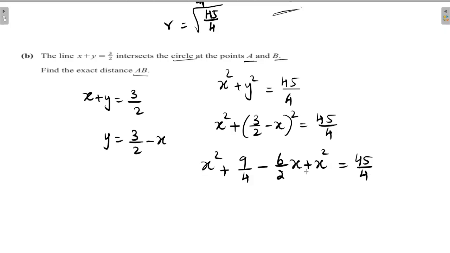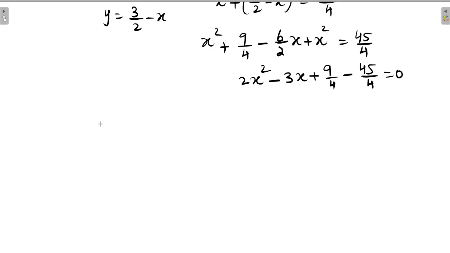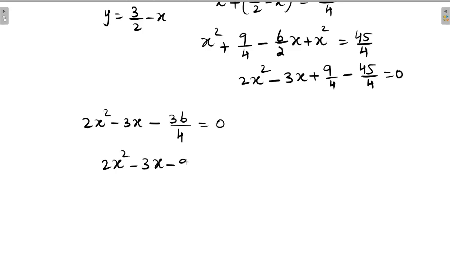So x square plus x square is 2x square. 2x square minus 3x plus 9 by 4 minus 45 by 4 is equal to 0. Let's simplify. 2x square minus 3x minus 36 by 4 is equal to 0. So 2x square minus 3x minus 9 equal to 0.